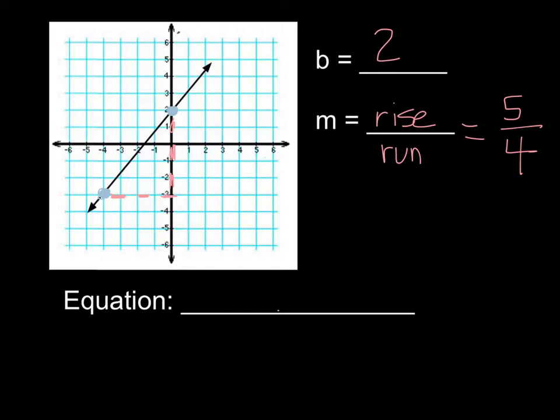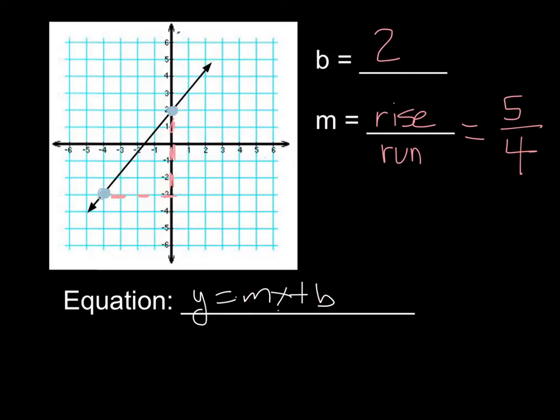Now my job is to find the slope-intercept form of this equation. I'm going to keep in mind that the slope-intercept form of my equation is y equals mx plus b. And I'm going to get my m and my b. This m is this m.